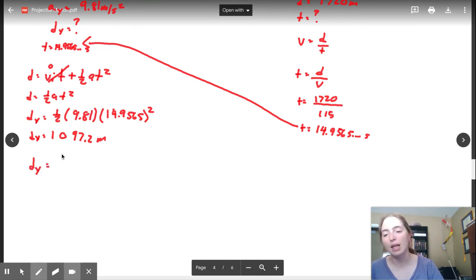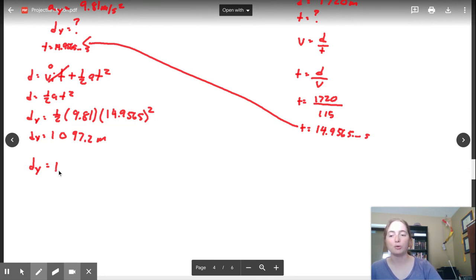I'm going to have to put this in scientific notation. 1, 2, 3, 4, because my whole number's got 4. So I'm going to look 1, 2, 3. I'm then going to look at this. Well, this 7 is going to round up. It's going to bump that 9. That 9 is going to bump that 0. Okay?